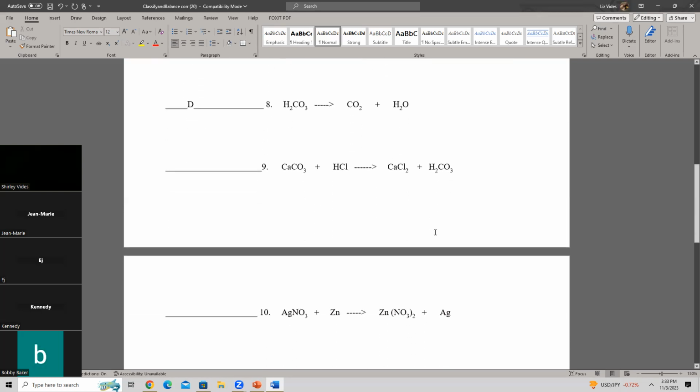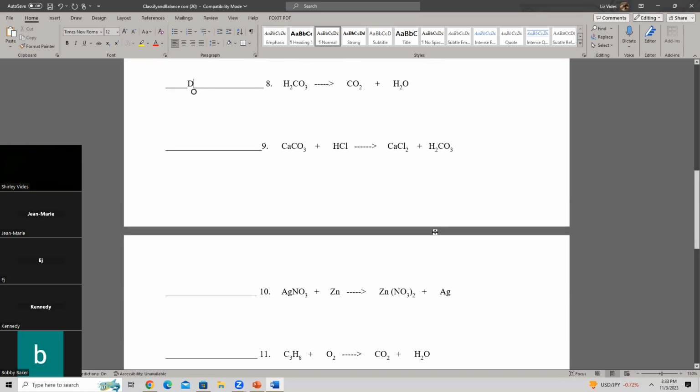All right, what is the next one? Okay, look at it. What's happening? The positive ions have switched partners, correct? Which is known as a double replacement. See how that works? Completely replaced.